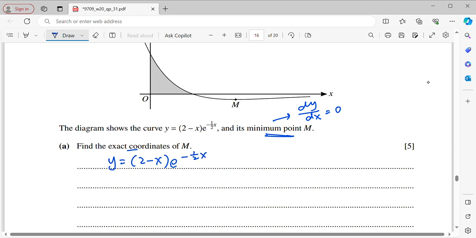So obviously this is multiplication of two terms, and to differentiate this you need to apply the product rule. So this is uv prime plus vu prime. Okay, so now our u is 2 minus x. So u prime is minus 1. v is going to be exponential negative half x.